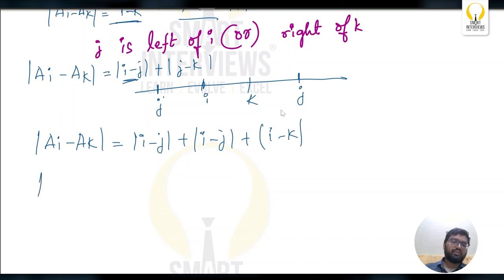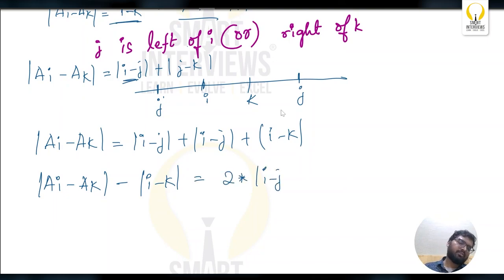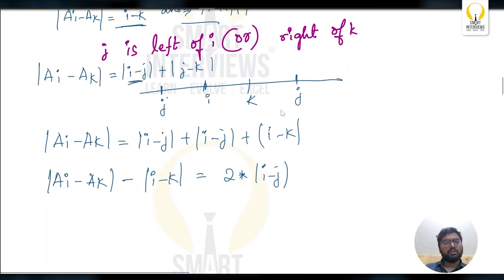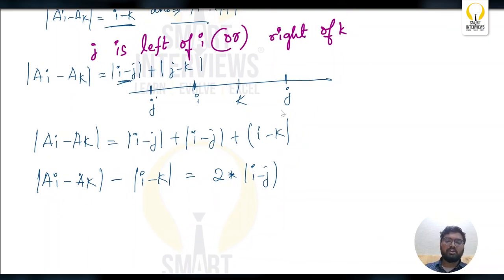Yes. So if you observe carefully, it will be 2 into the modulus of a[i]. So this is how you are going to get i and j. So at last, what can be the other case?